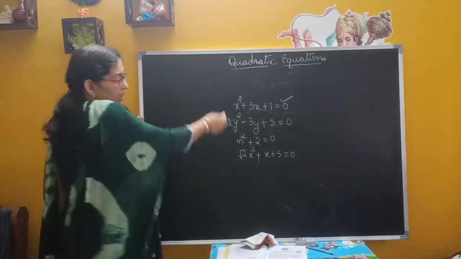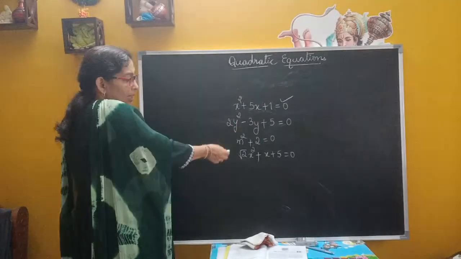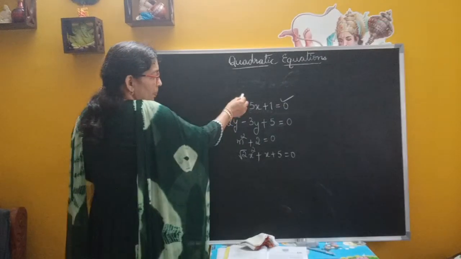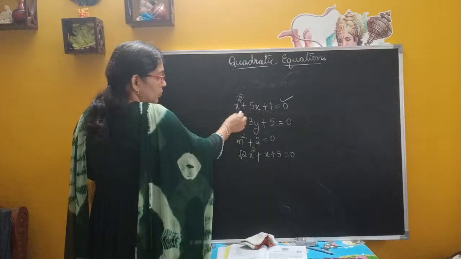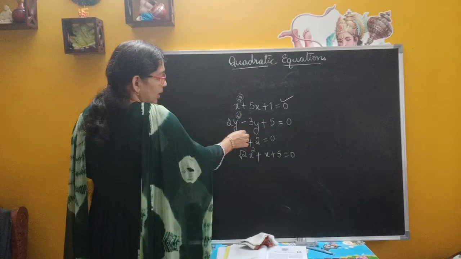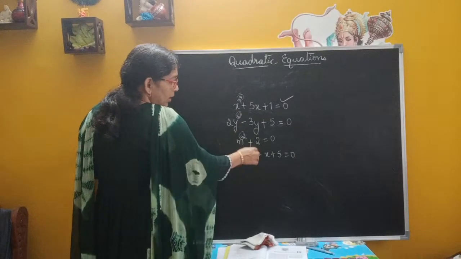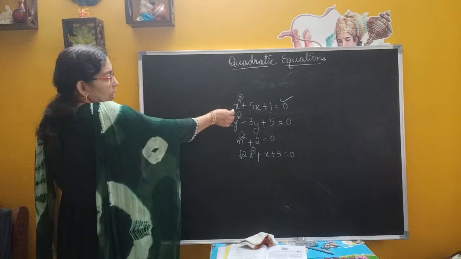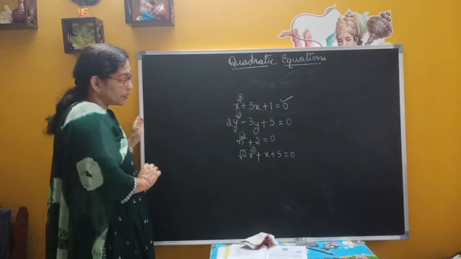I am not taking a here; you will come to know why afterwards. You see all these four equations now. All these are quadratic equations because the highest power, the degree, is 2. Degree 2 here, here also degree 2. That means the highest exponent of the variable is 2.